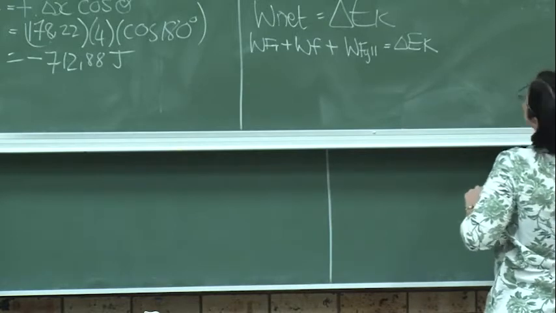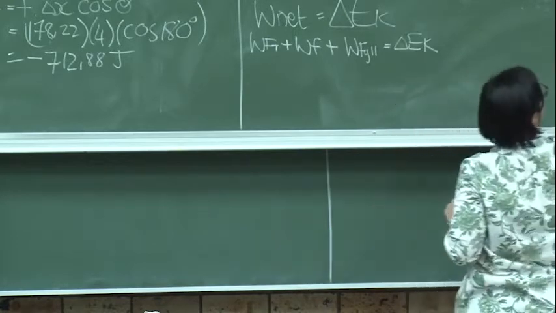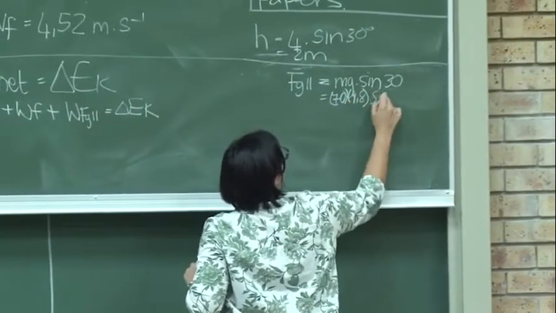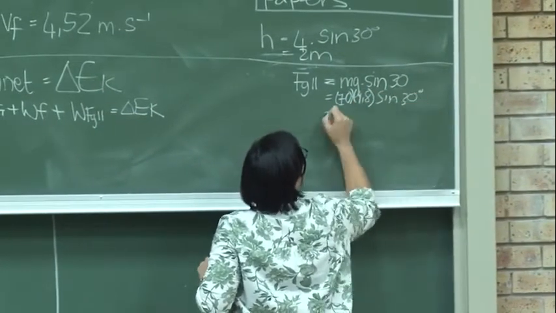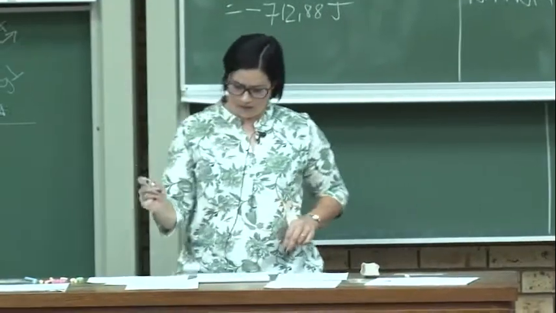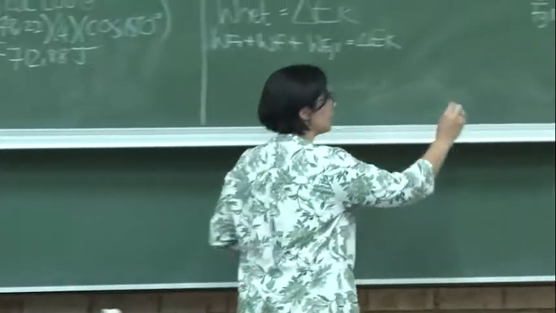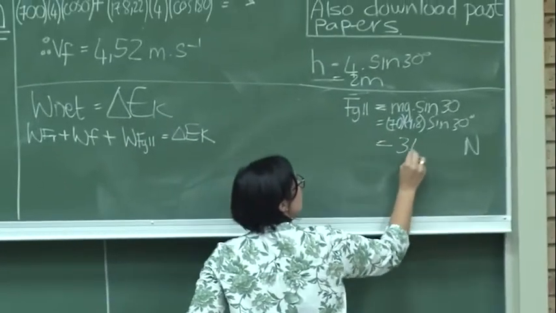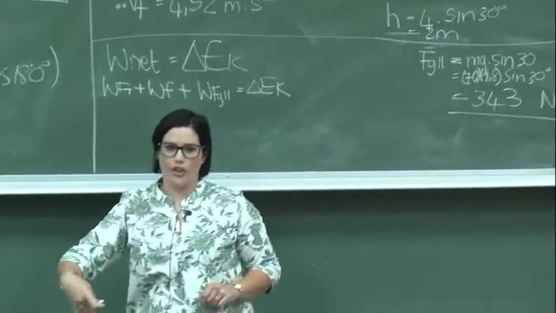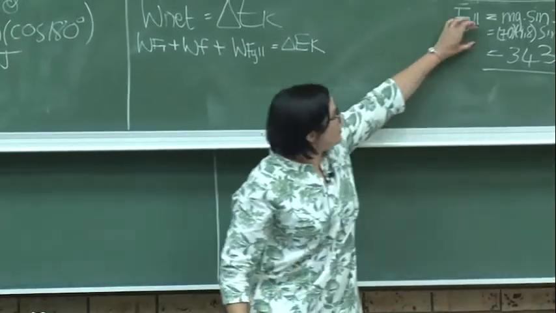Agree? Okay, so what was the mass? 70 times 9.8 times sin 30, and we get 343 newtons. You agree?